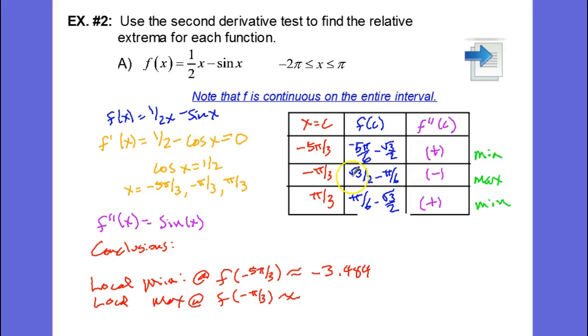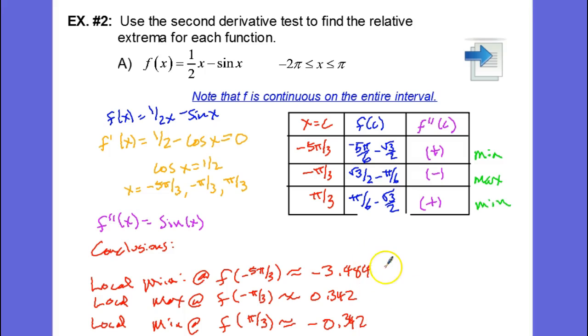And again, the exact value is square root of 3 over 2 minus pi over 6, but approximately 0.342. And we have a local minimum at f of pi over 3, approximately negative 0.342.